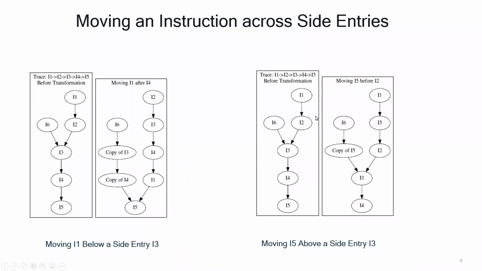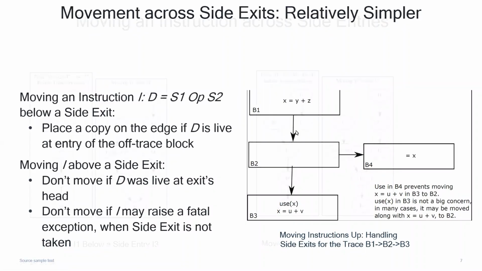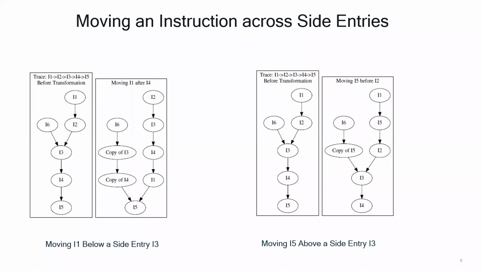That's what we are trying to do. By having this 5 basic block trace, we are able to hide the latency of I1. If we move I5 between I1 and I2, then we are able to hide the latency of I1 and reduce the number of stalls.